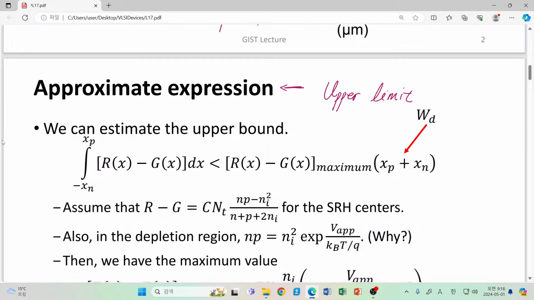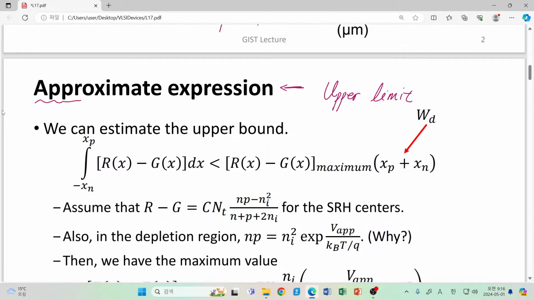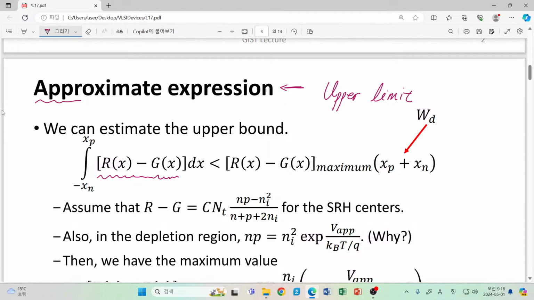In the worst case, what will be the value obtained from that unwanted phenomenon? So in our approximation, we want to calculate the maximum value or upper limit of net recombination instead of precisely calculating all kinds of this recombination, because that can be a time-dependent quantity.